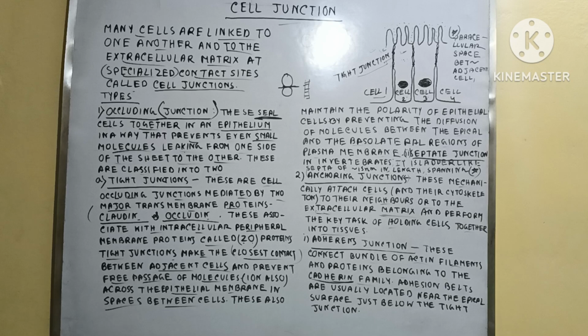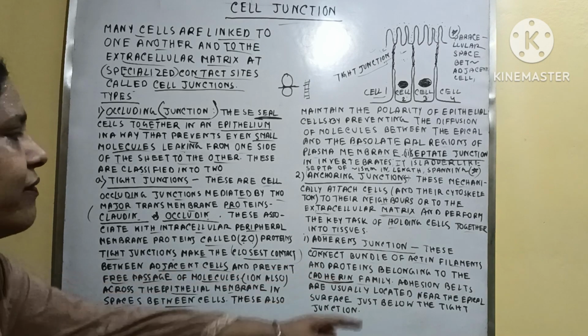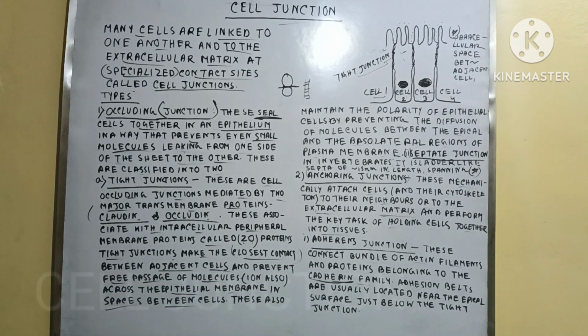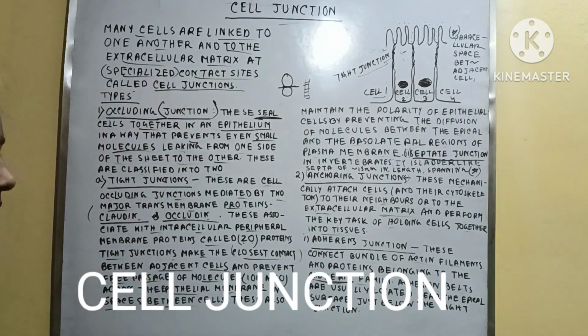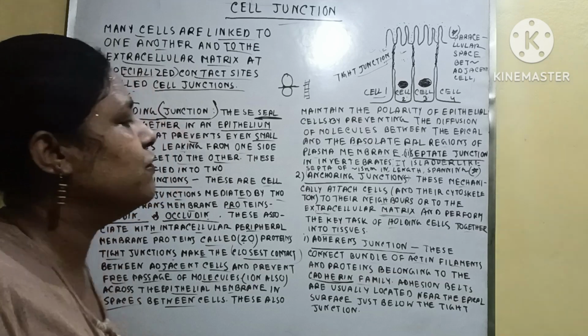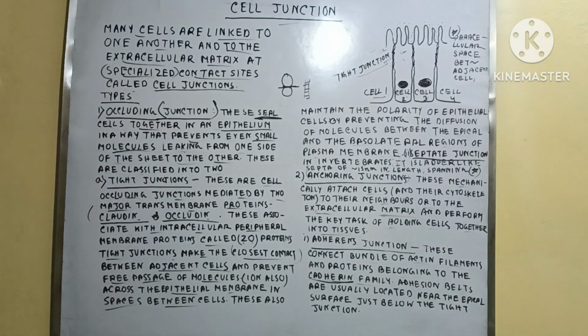Clear? So the proteins that are very important for these junctions belong to the cadherin family, and this junction connects the bundle of actin filaments and proteins.